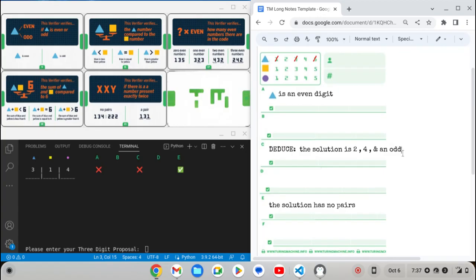Okay, the reason again is we know that there are no pairs, and since we have two evens, it has to be 2 and 4, no pairs. And of course that third digit must be an odd. Okay, so that means that among square or circle, we have another even there.